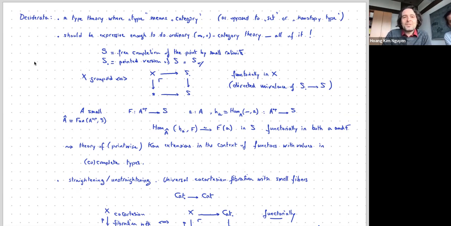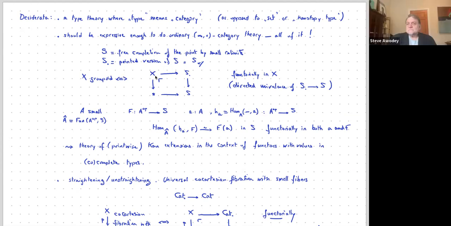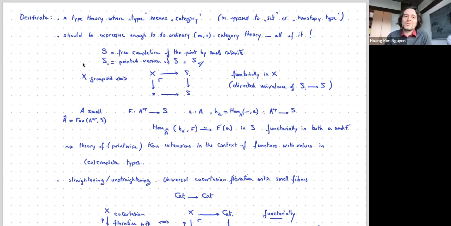So there should be a type theory where a type, I mean a category, as opposed to a set or a groupoid or a homotopy type. And for instance, like in ordinary category theory, you should have the free completion of the point by colimit and the pointed version. And of course, the goal is that these expressions should make sense, like the free completion by colimit of something should make sense in this type theory.